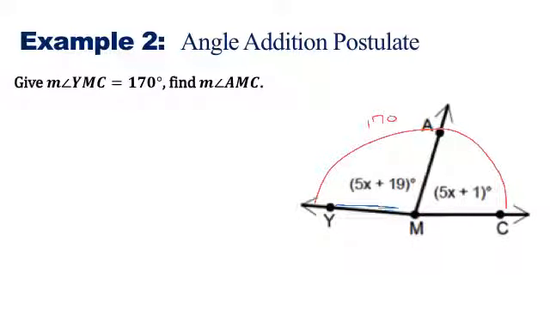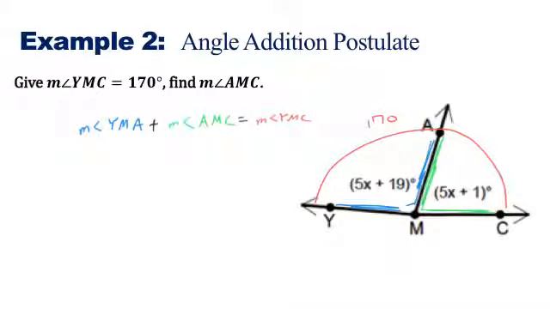We are given an expression for YMA, and we know that the measure of YMA added to the measure of angle AMC, which again we're given another expression for, is equal to the entire angle, which is YMC, right? Two smaller angles added together equals the whole thing.